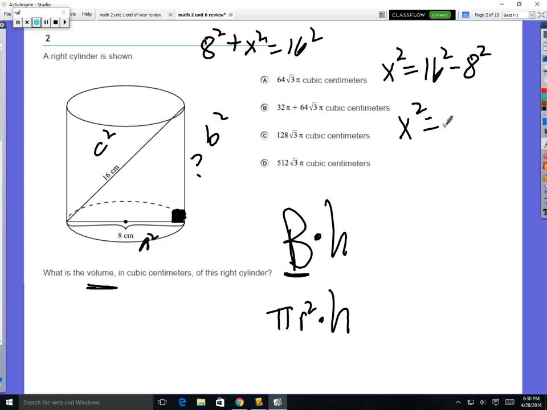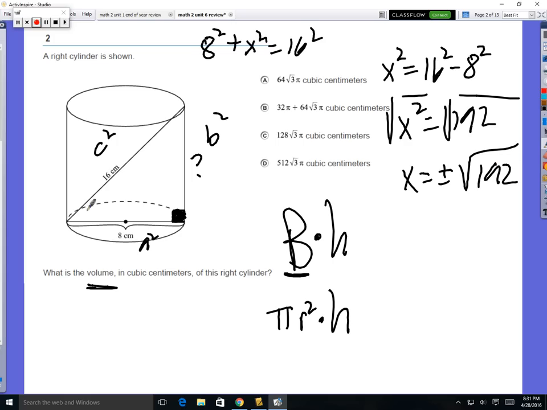So x squared equals 192. And then undo the square. So x is really plus or minus the square root of 192. But since it's the length of a shape, we're going to ignore the minus here. We'll just go with the plus.